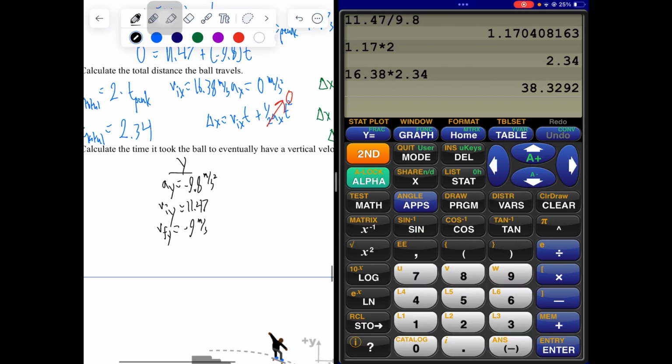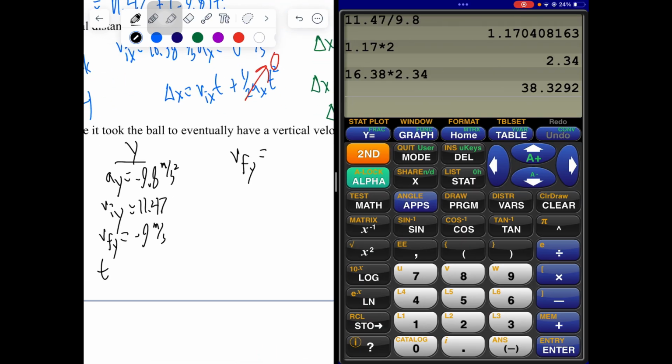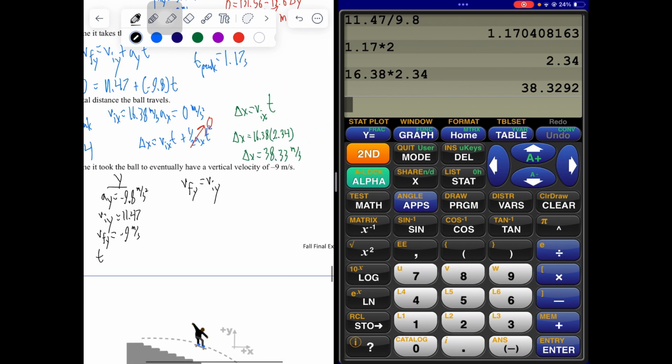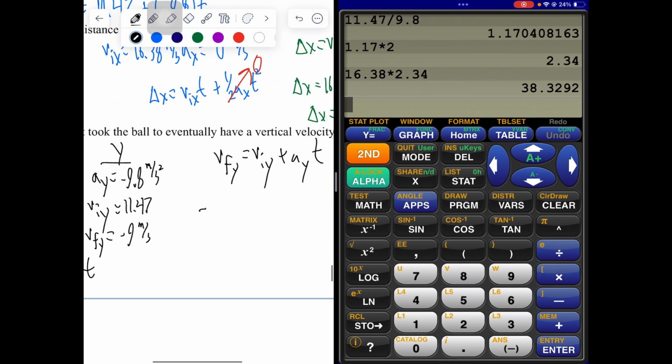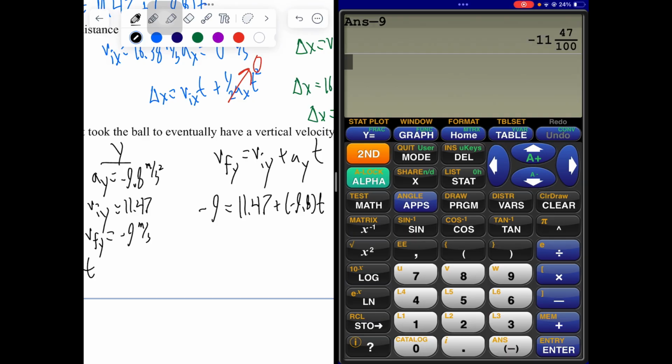We want the time. We can do this with final velocity equals initial velocity plus acceleration times time. Final velocity is negative 9. Initial velocity 11.47. Acceleration negative 9.8. Solve for time. So we're going to take negative 9. We're going to move 11.47 over. Yeah, this is negative 9. Let's clear that up.